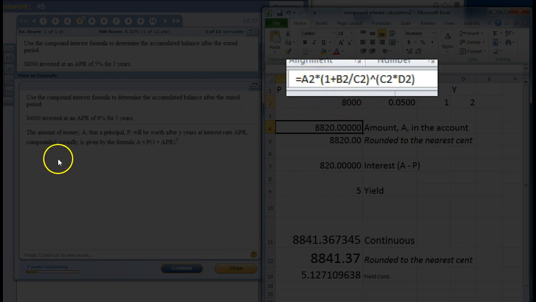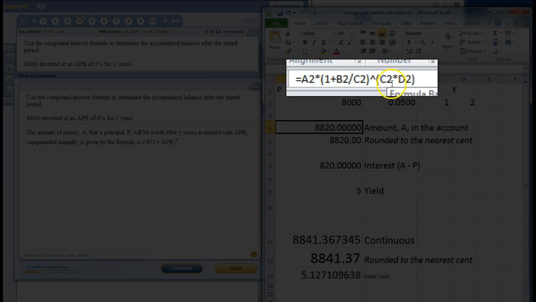So that's P times parentheses 1 plus APR. APR B2 is the APR divided by C2. C2 is 1. So the APR divided by 1 is just the APR. Then close the parentheses, raised to the power of C2, which is 1, times Y, which is 2.